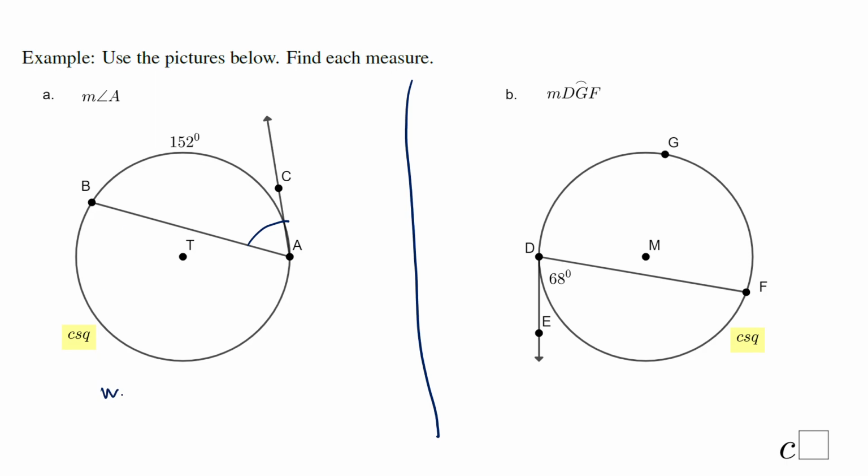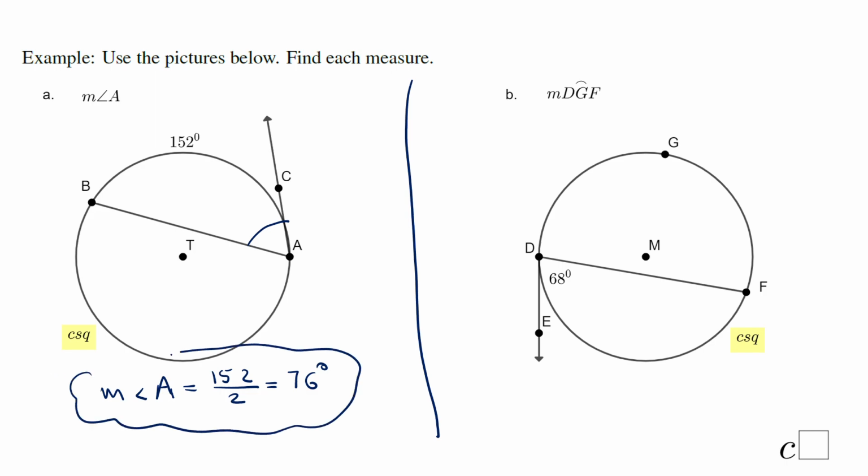So very simple in this case, the measure of angle A will be nothing else than 152, that intercepted arc, divided by 2, and that will be 76 degrees. Now on this part B, we need to find the measure of an arc DGF, this arc.